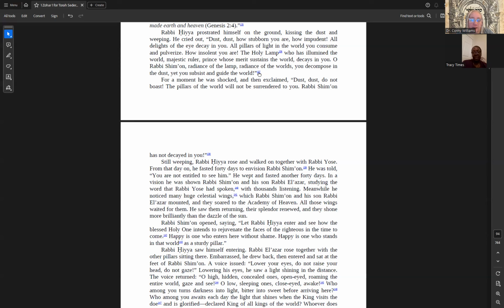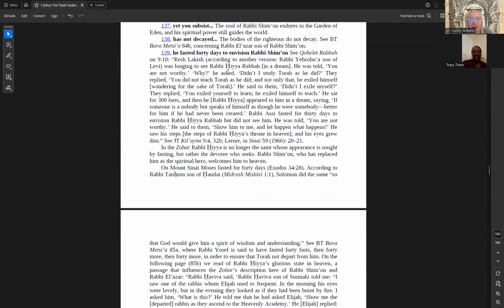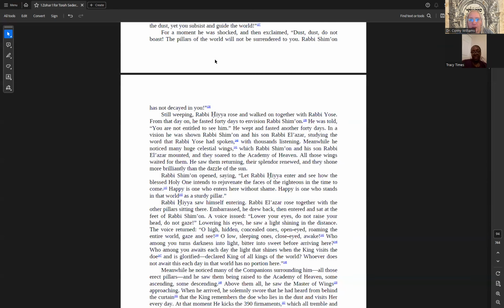So, yeah, he is in the dust, like everybody else that has died, right? Nevertheless, his real self is still at work. And the note here says, yet you subsist. The soul of Rabbi Shimeon endures in the Garden of Eden, and his spiritual power still guides the world. So here we are back at the Tikkun Olam.